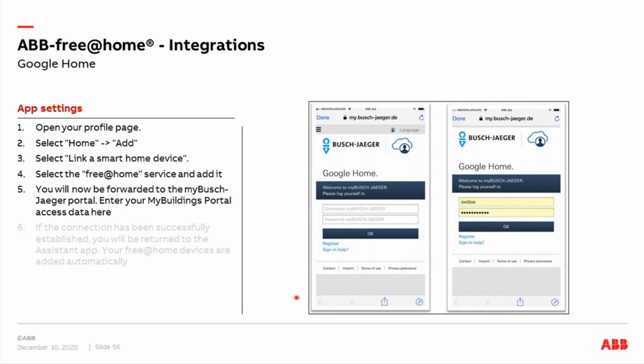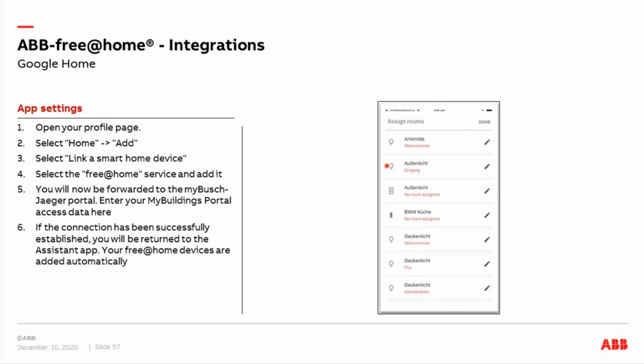You will be forwarded to the My Buildings cloud. You have to put in your credentials, and then you will be forwarded back to the Google Home app, where all the devices which are available and which can be controlled with Google Home will be automatically inserted into the Google Home app. So this is really also completely the same.